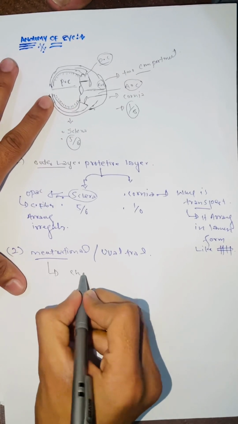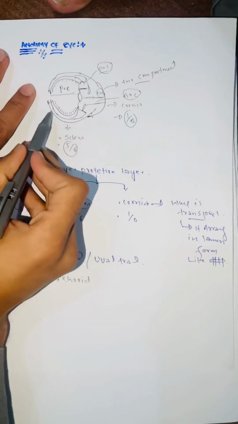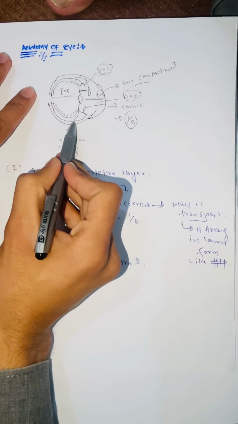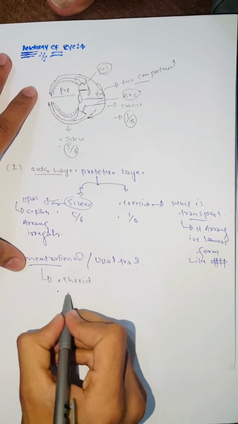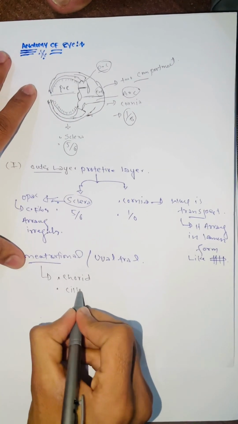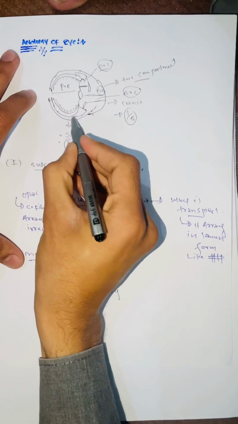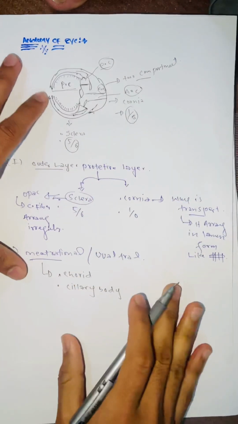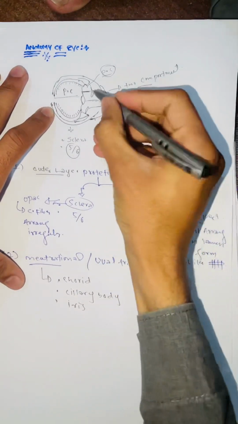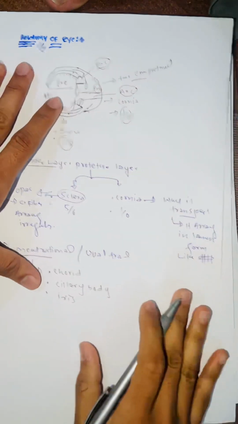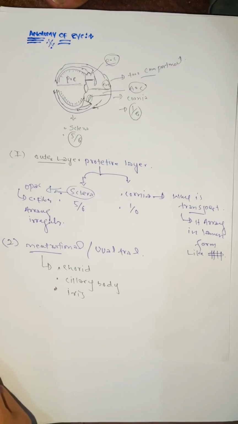The one is the choroid. From here up to this is the choroid. The second one is the ciliary body. From here up to here, this one is the ciliary body. The last one is the iris, up to here.